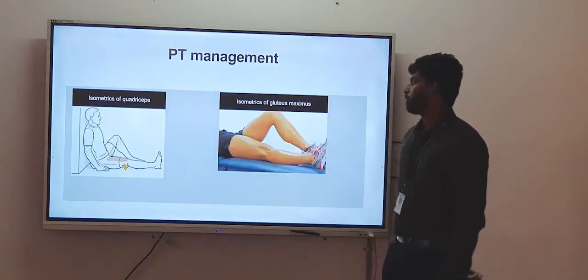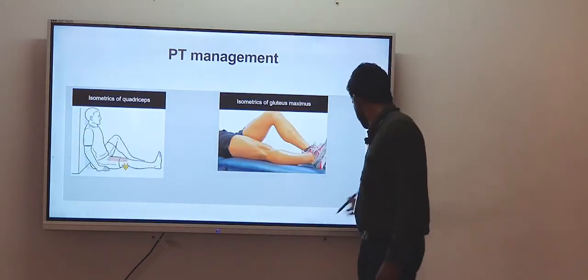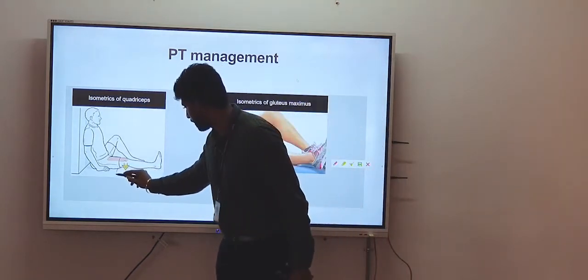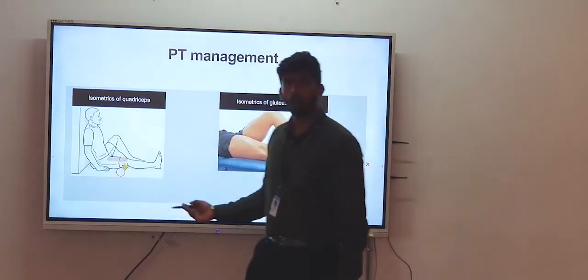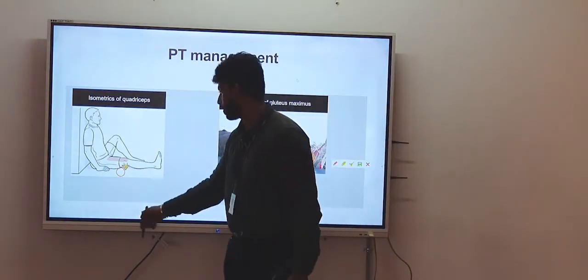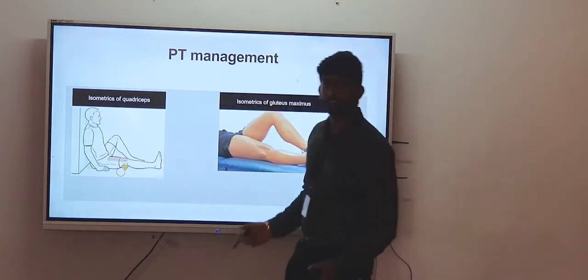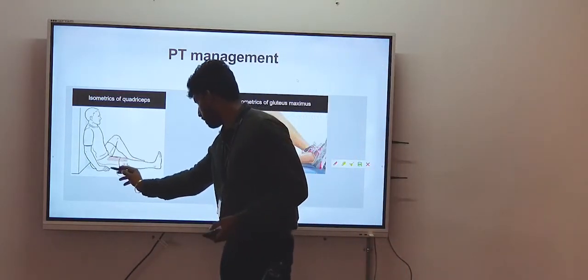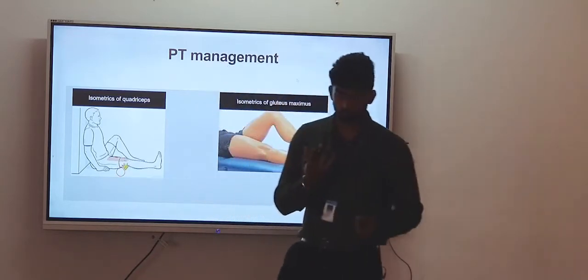So this is the isometrics of quadriceps, as you all know. Here we have to keep a bedsheet roll or even a pillow. Then you ask the client to sit down like this. You will be able to visualize the isometrics of quadriceps.